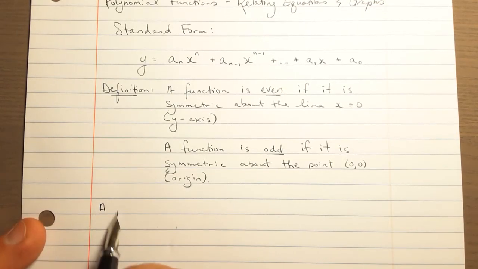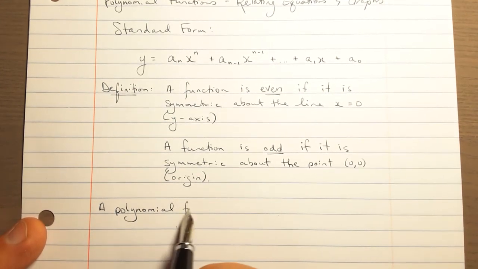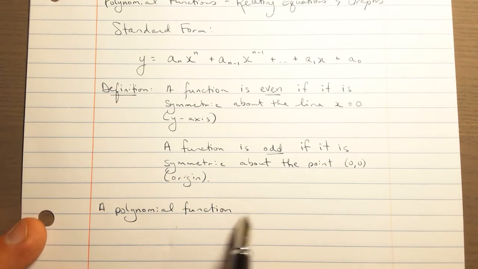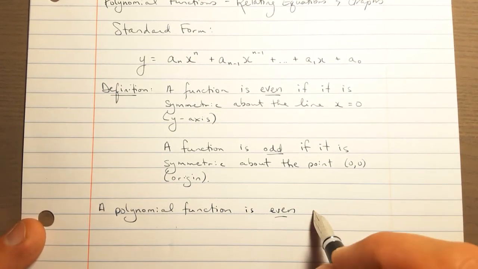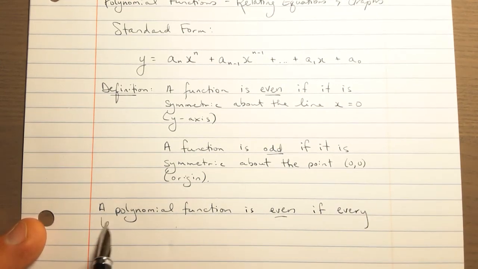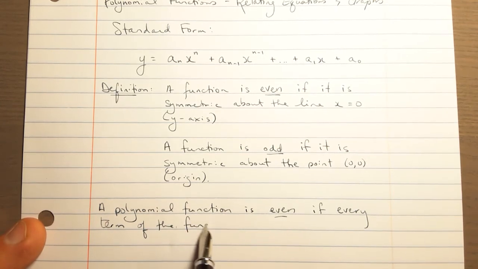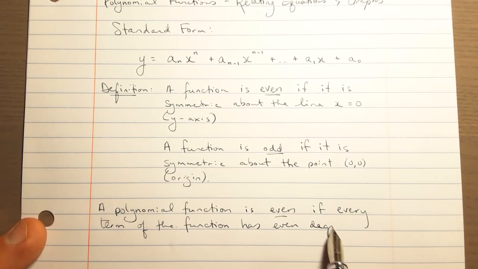So a polynomial function is even if every term of the function, every term, has even degree.